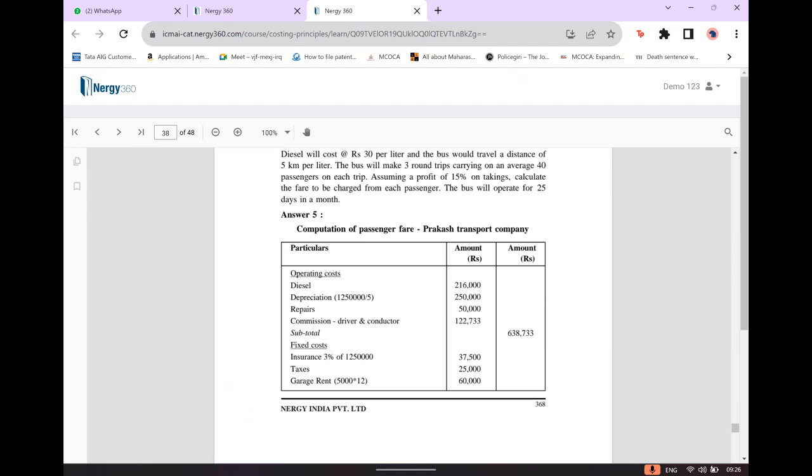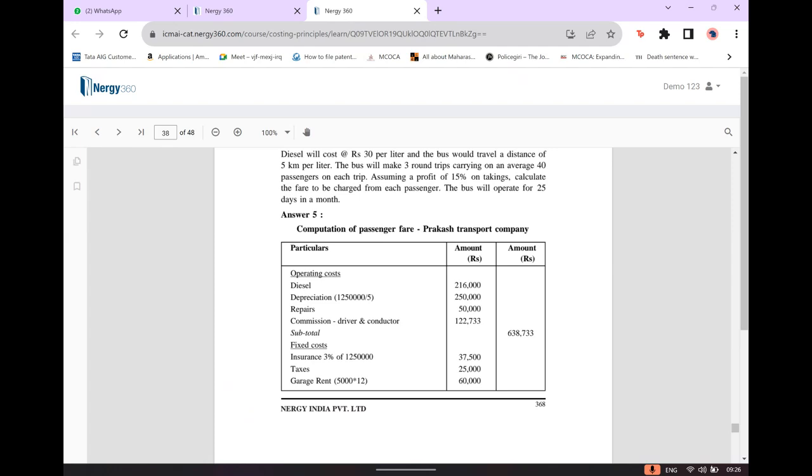Depreciation is 12,50,000 divided by 5. Repairs 50,000. Then commission, drivers, and this we have to calculate in working note number 2. If you see, you will be able to do it, maybe you would have worked out the problem.